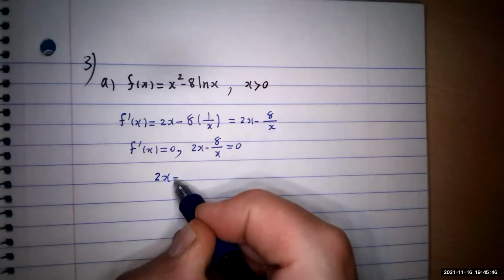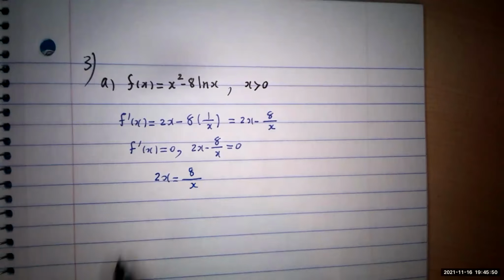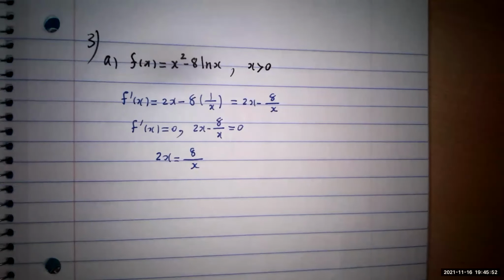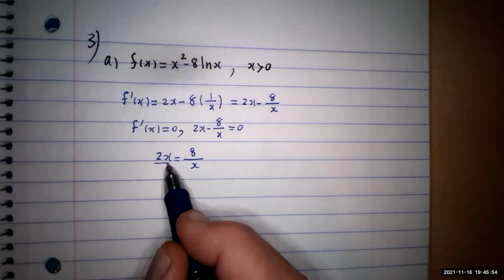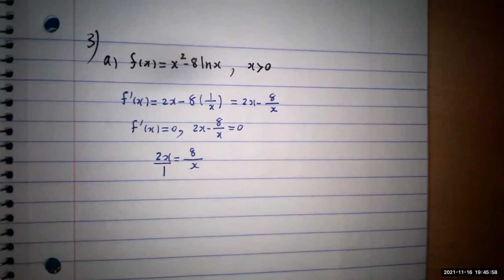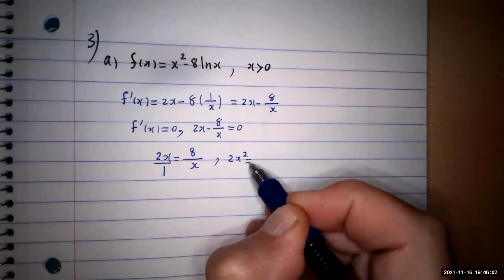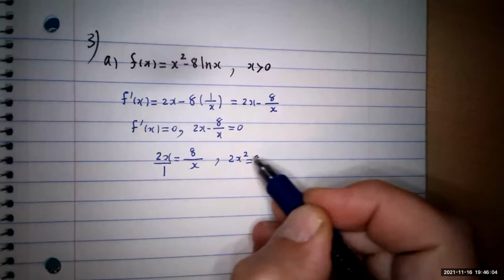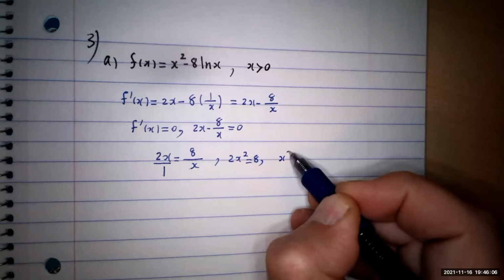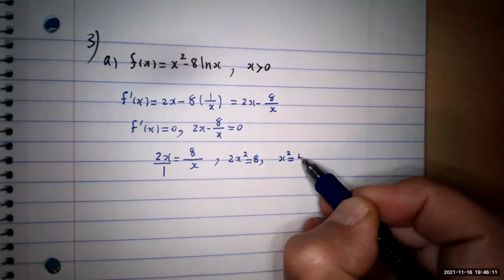So you better do this one. Some of you missed this equation on the quiz, because there was one. You can think about this as 2x over 1 and then cross multiply. When you cross multiply, that gives you 2x squared equal to 8. So x squared would be what? 8 divided by 2, which is 4.